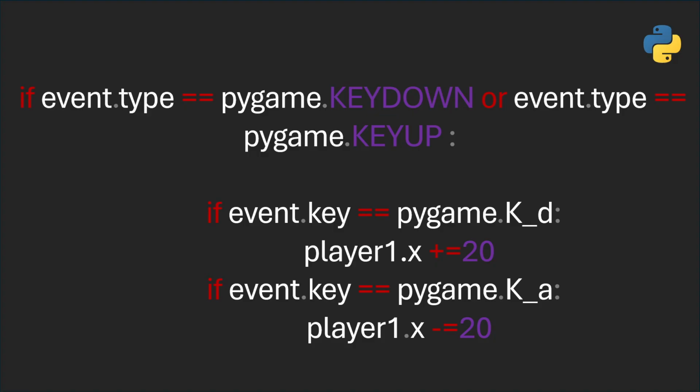As you can see here, if event.key equals pygame.K_d, player 1's x will press equal 20. That is making the player move 20 to the other side. The other one below makes the player move the other way.